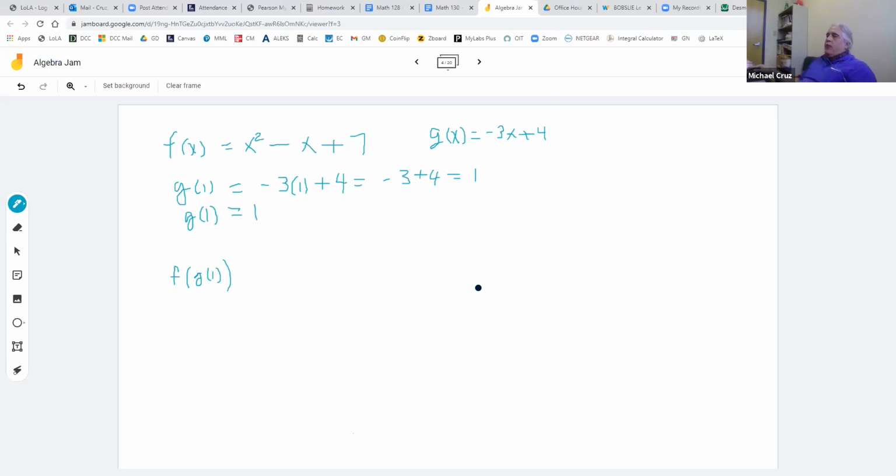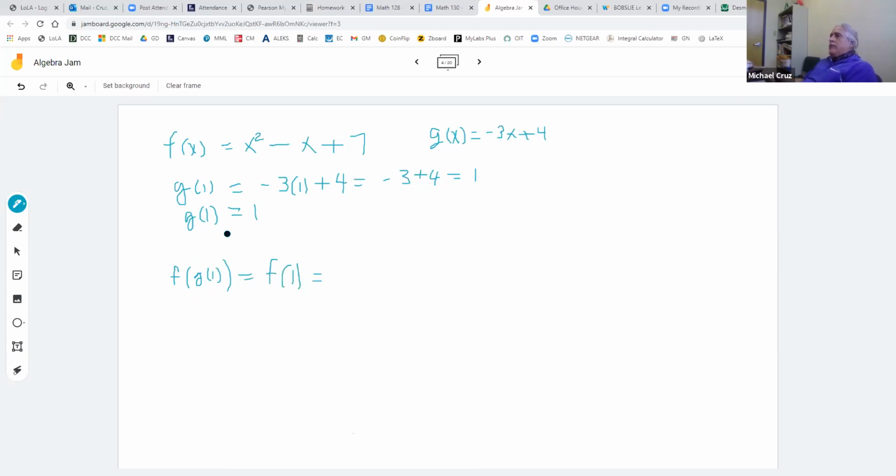Now the second one looks kind of complicated because it says f of g of 1. But the whole idea here is you're just doing it a piece at a time. We've already done g of 1, so we know what it is. So this is equal to f of 1.